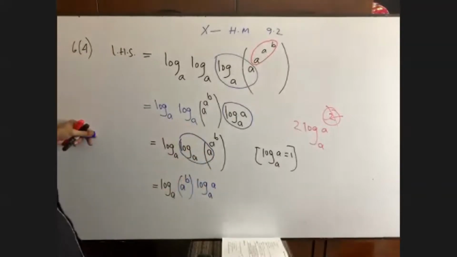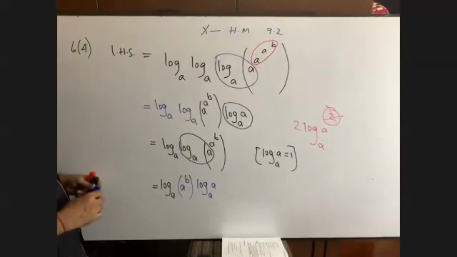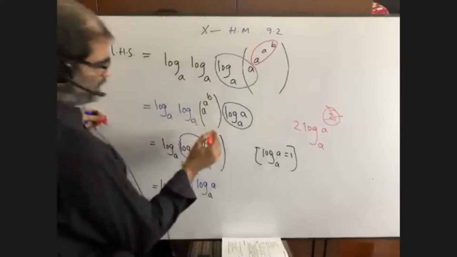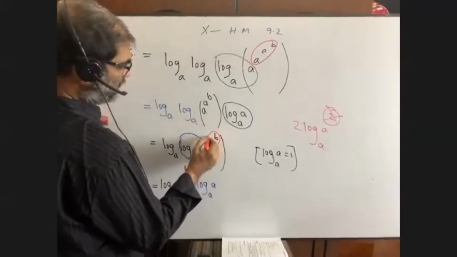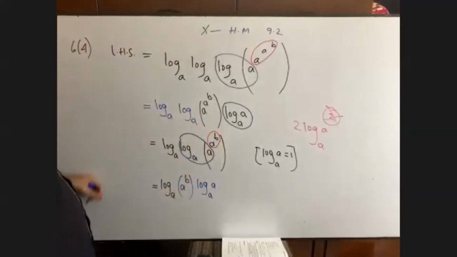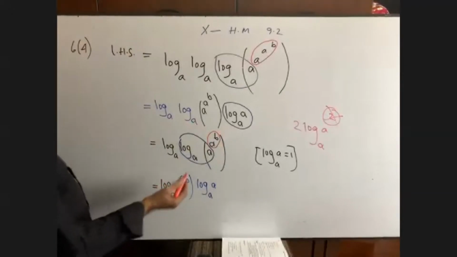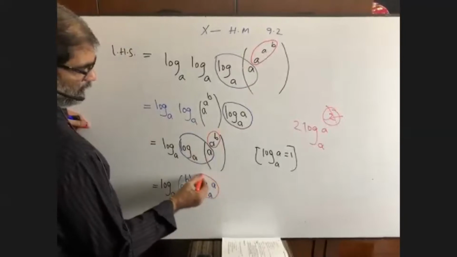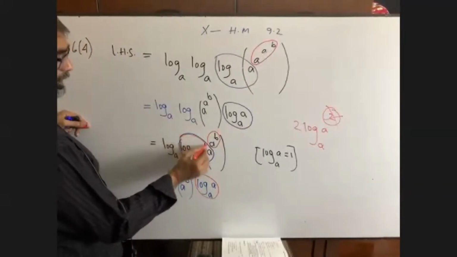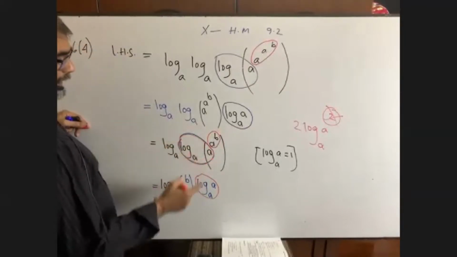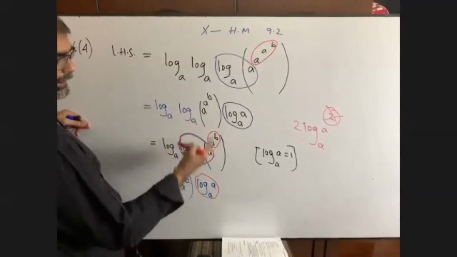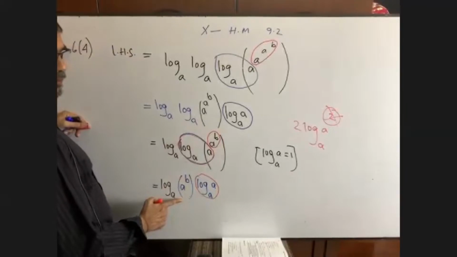You please try to understand what I have done. This a to the power b is here the power, and has been written here as coefficient.